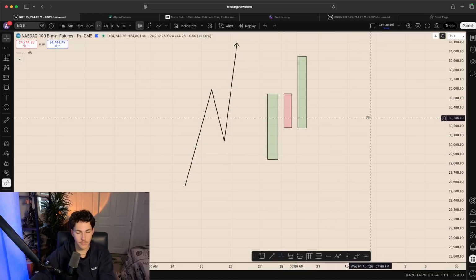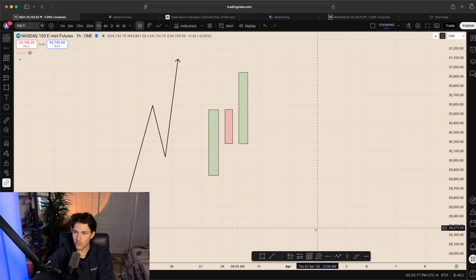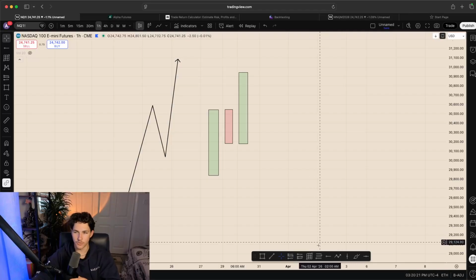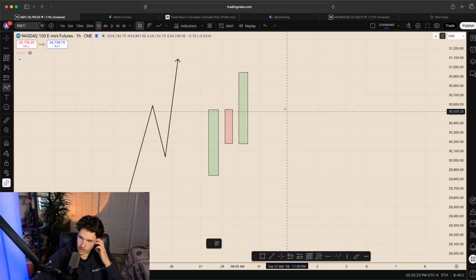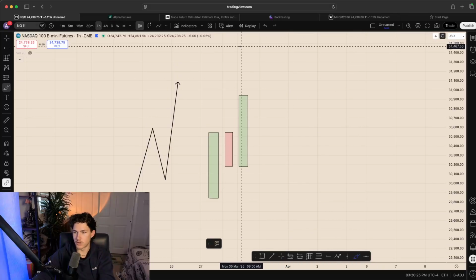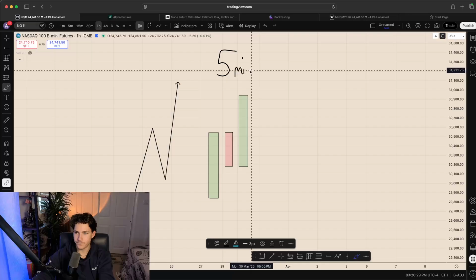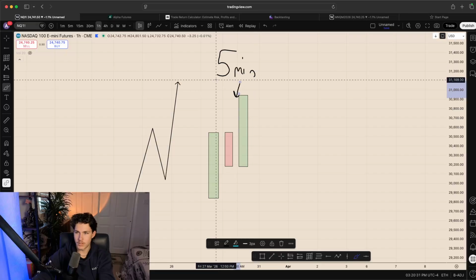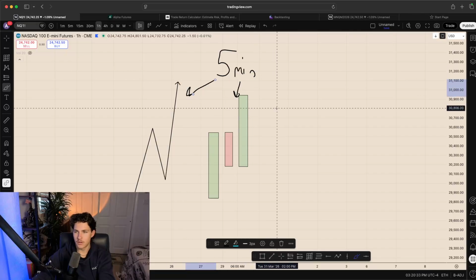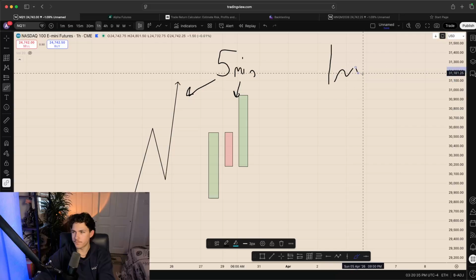But on the 1-minute, this is where break of structure, like I said in the previous video, comes into retracements. Because on the 1-minute, let's just write this real quick so we remember the 5-minute. Just this and that.